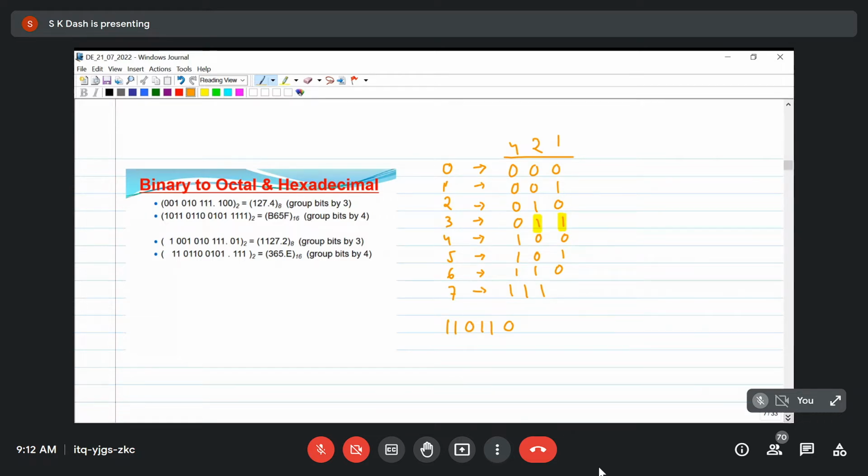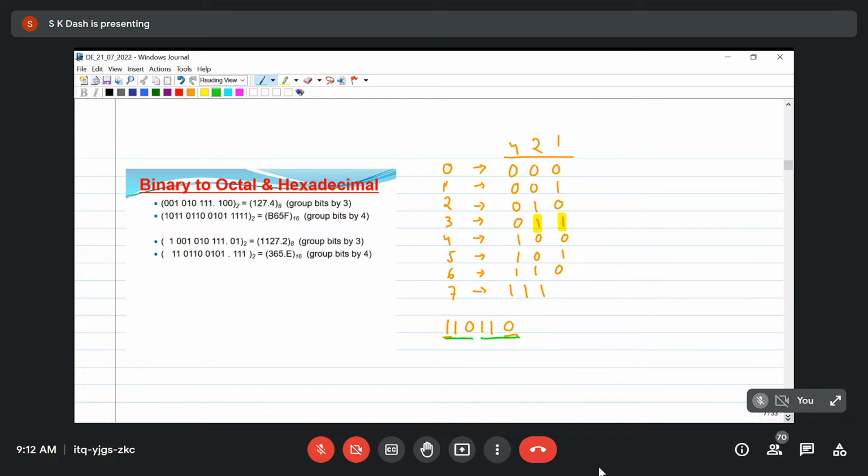Which one is your least significant bit? 0. Okay. We need to start from this least significant bit and form groups of 3 bits. So 110 will be one group, and this 110 will be another group.